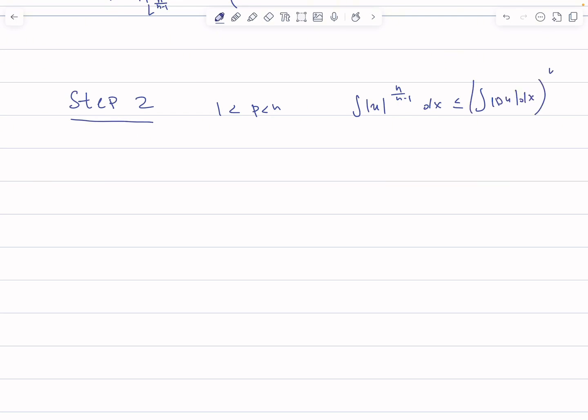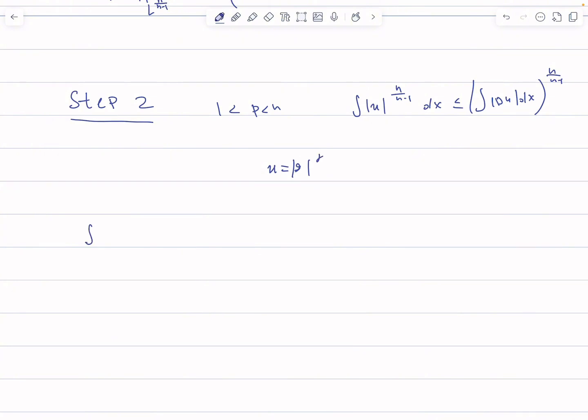Let's take u equal to |v| to the power lambda.